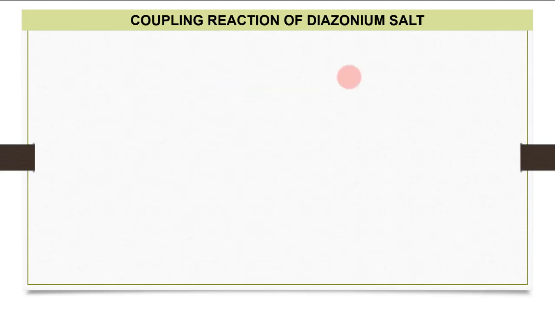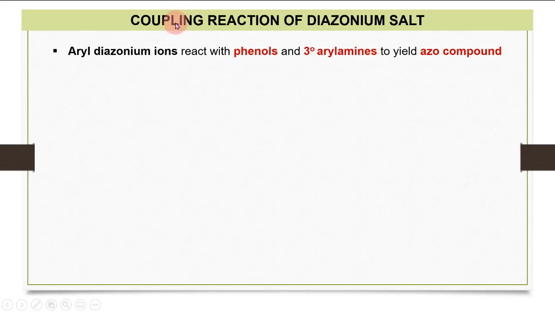All right, and come to the last reaction of these amines. It's known as the coupling reaction. So coupling reaction is the name of the reaction as well as the type of reaction. Coupling reaction means you're making a couple of this diazonium salt. So aryl diazonium salt reacts with phenol and tertiary aryl amines to yield azo compound.